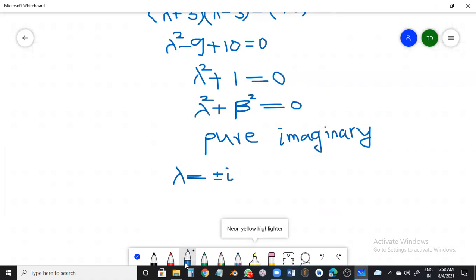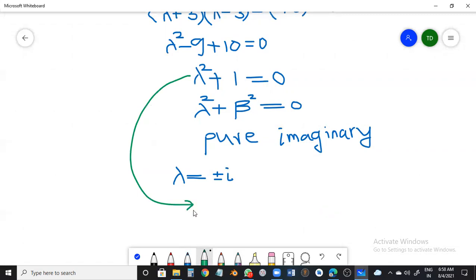If you are not able to solve it, use the formula directly. Lambda is equal to minus b. There is no b, so 0, plus minus under root b square, b being 0, it will be 0 minus 4ac, which makes it minus 4, upon 2a, so it gives you 2.